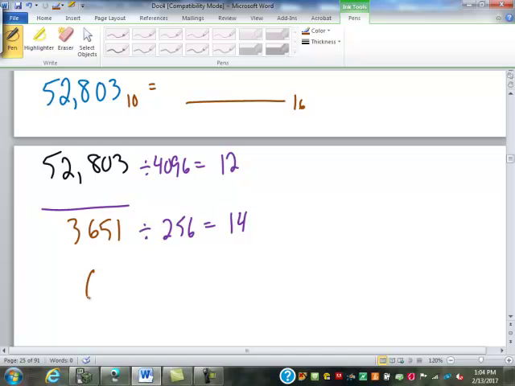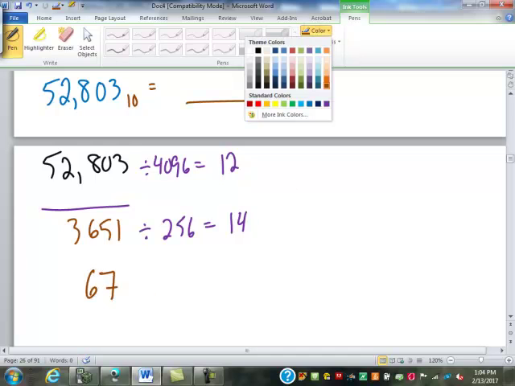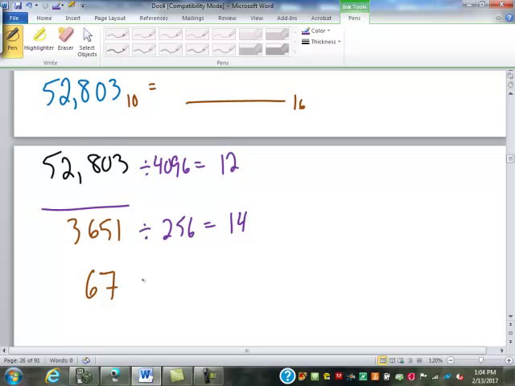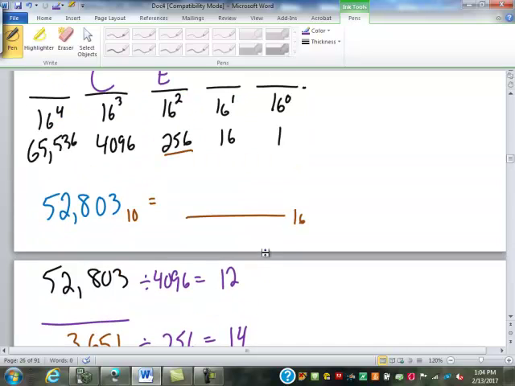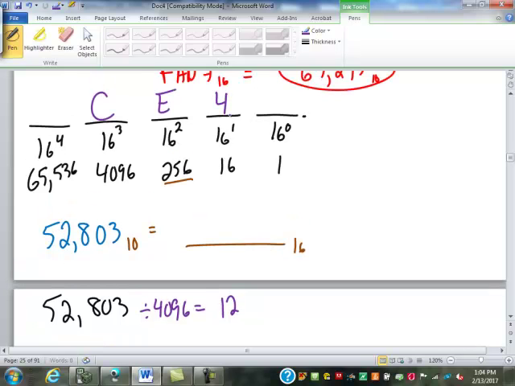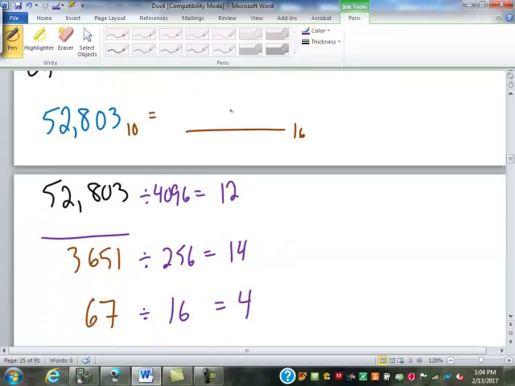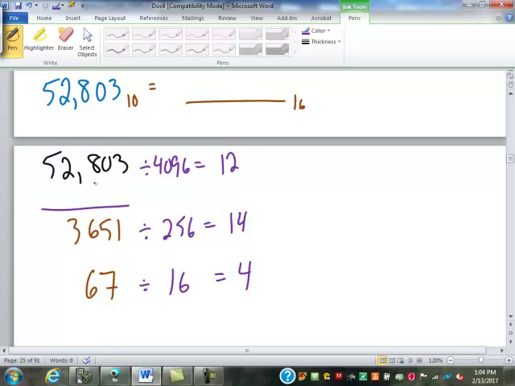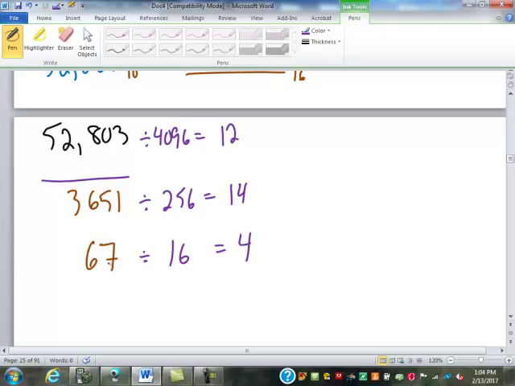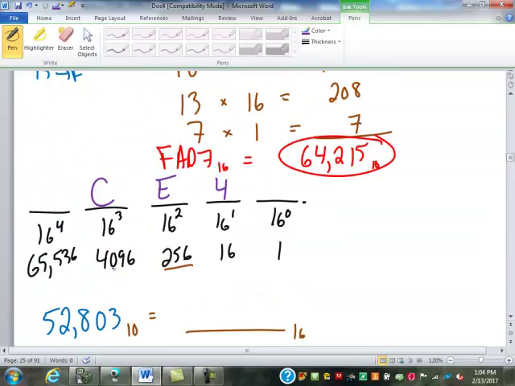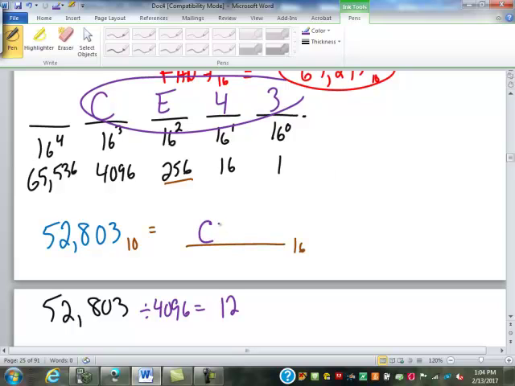Yeah. So 67 is left. We're going to divide that by 16 is our next place, which is just 4. Yeah, 4.75. So then there's 3 left over, right? So that 3 ones. So CE43. 52,803 is CE43 in hexadecimal.